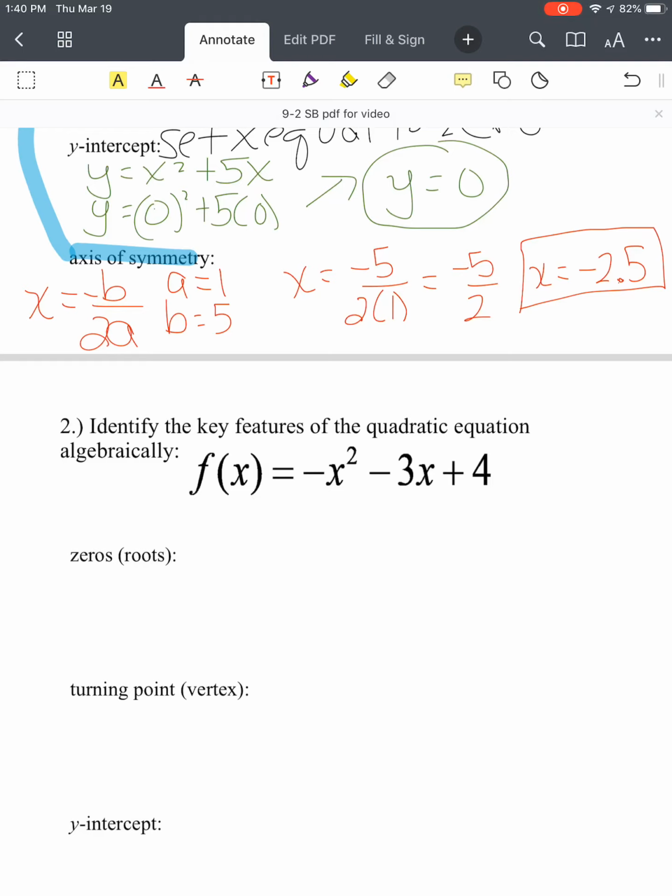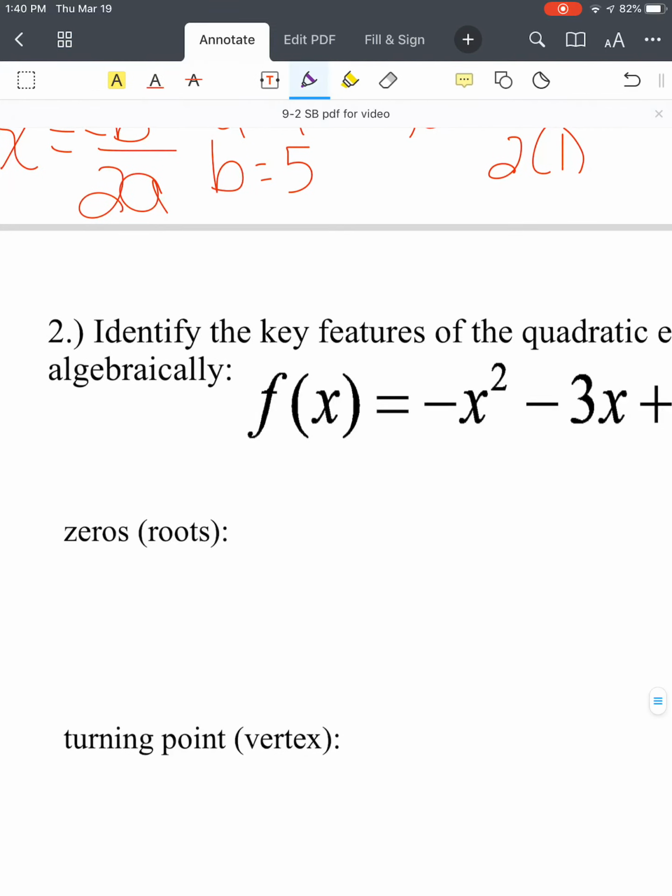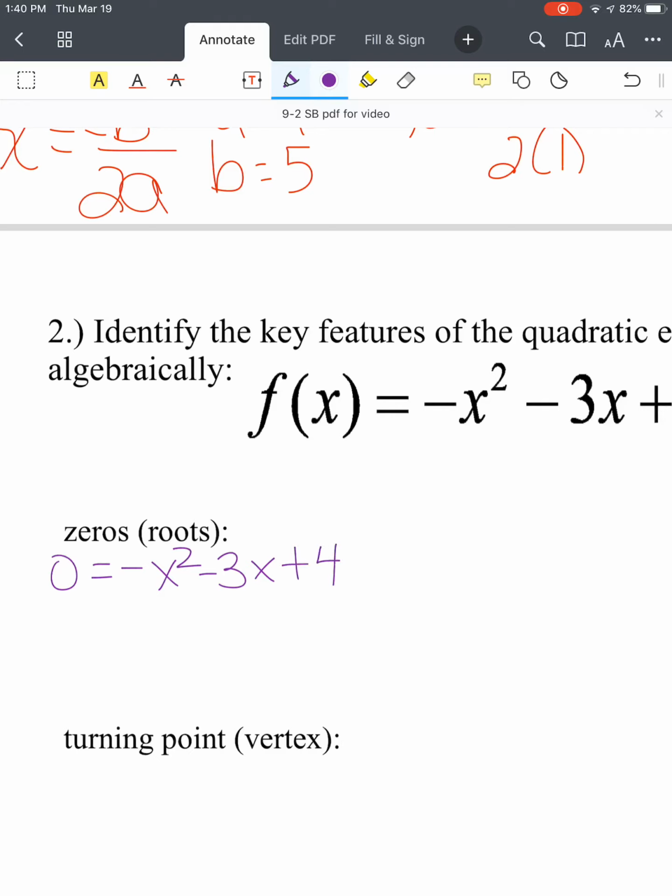Okay, so to find the roots or the zeros, we're going to take y and set it equal to 0. So 0 equals negative x squared minus 3x plus 4. Okay, I personally don't like that negative there.